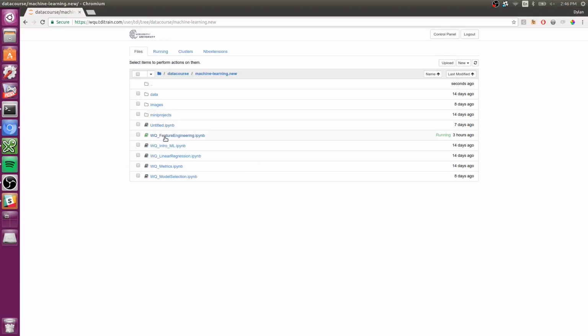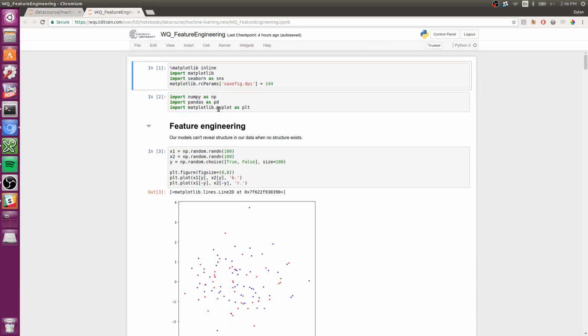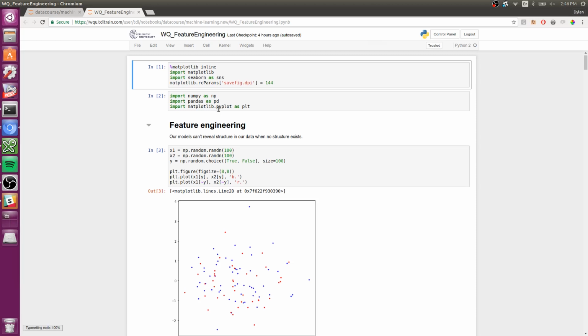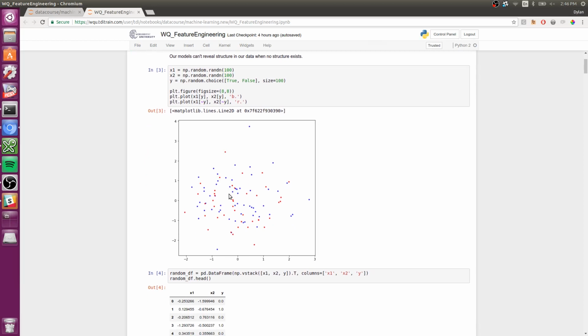Hello again. We're going to resume our discussion of feature engineering. In the last lecture, we reviewed that many times our raw data is not in a form such as a feature matrix.